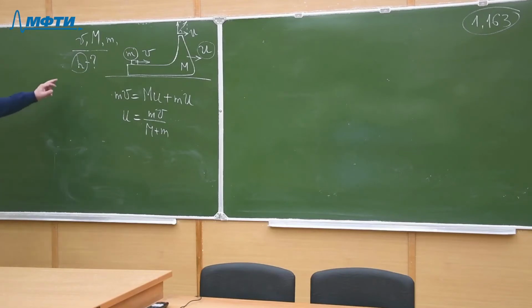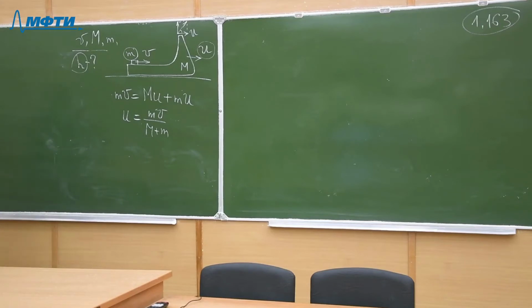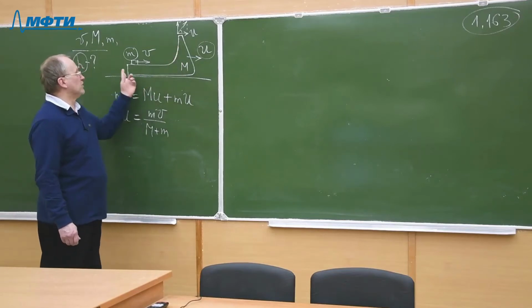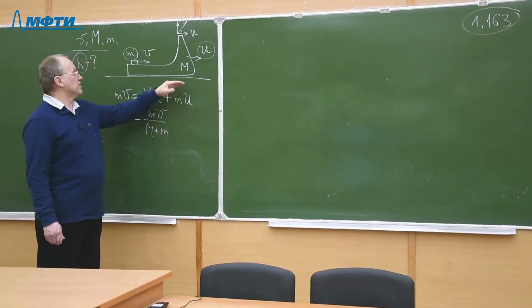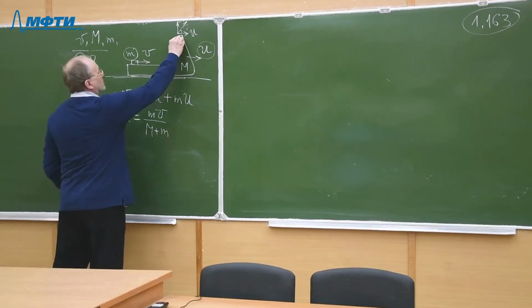In order to find the height of the small body, we must use some other law of physics, obviously a law of conservation of energy. And mechanical energy here will be conserved because we know that there are no friction forces acting here, neither at this surface nor at this curved surface.